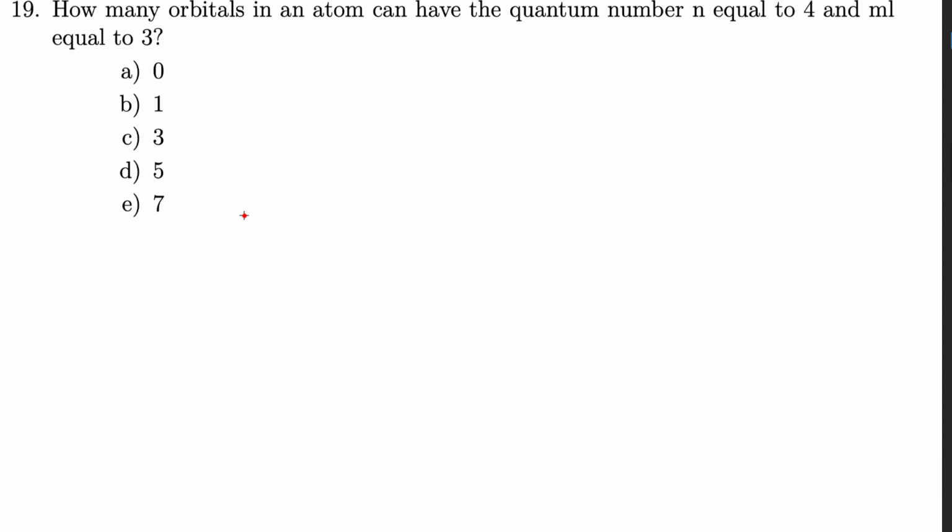So this last one: how many orbitals? You have to be careful if you're asked about electrons or orbitals. The last one we were talking about electrons. Here we're talking about orbitals. How many orbitals in an atom can have quantum numbers n equals 4 and m sub L equals 3?